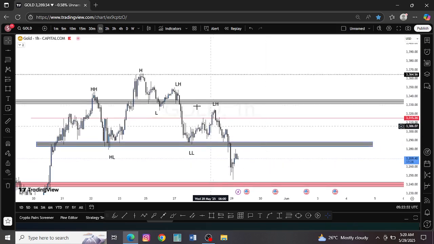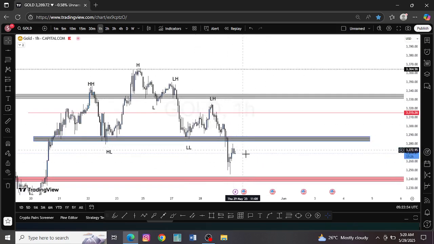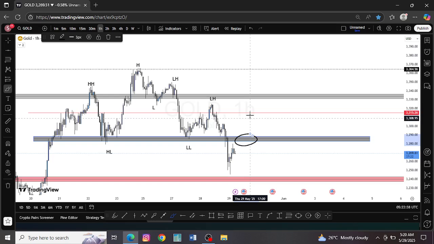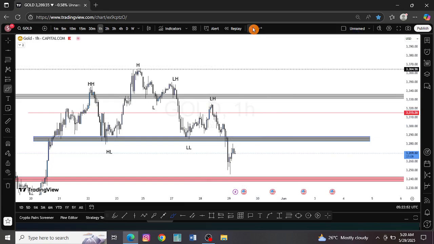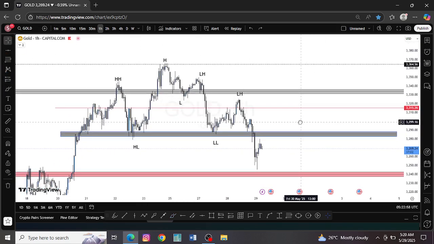But for now, I am fully bearish, waiting for price to tap into this area or around this zone for a sell. So we are looking between 3315 to 3285. Any point that we have a sell confirmation presenting itself, that is where we would be taking ourselves from.